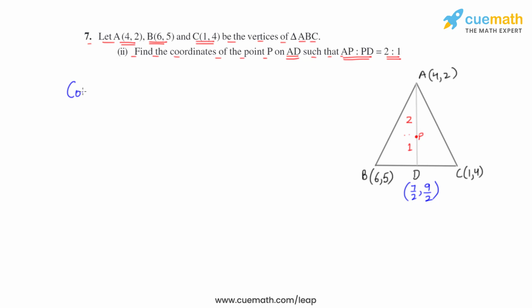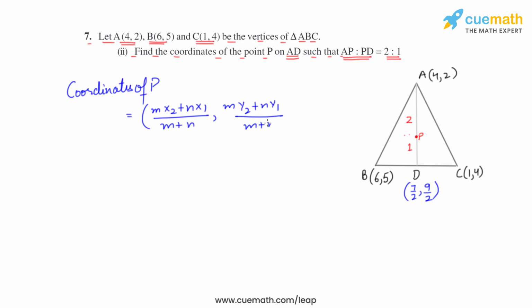So coordinates of P. The section formula is (m x2 plus n x1)/(m plus n) comma (m y2 plus n y1)/(m plus n).